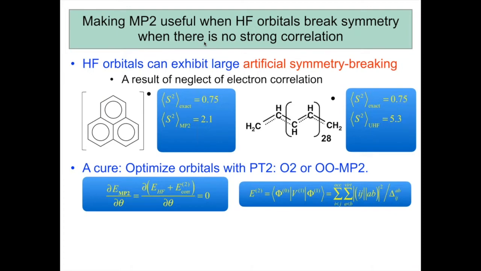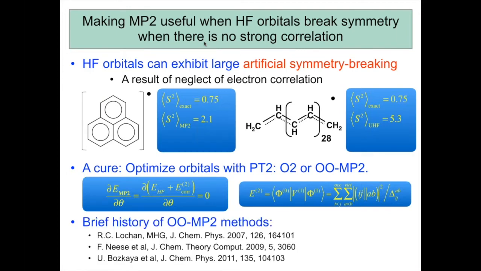So that delta ij AB is the difference between eigenvalues of empty orbitals A and B minus occupied orbitals I and J. And this is a method that has been known for, I guess, going on 14 years, and it builds on so-called Bruckner methods that are much older again.